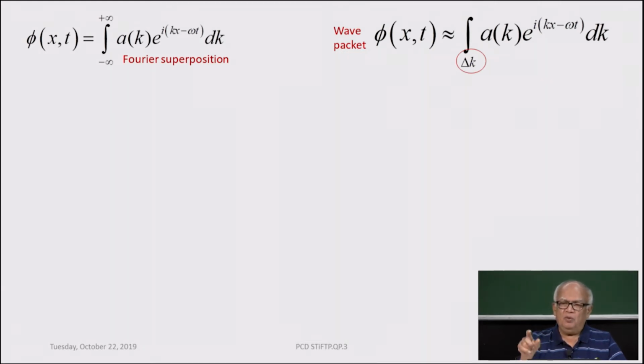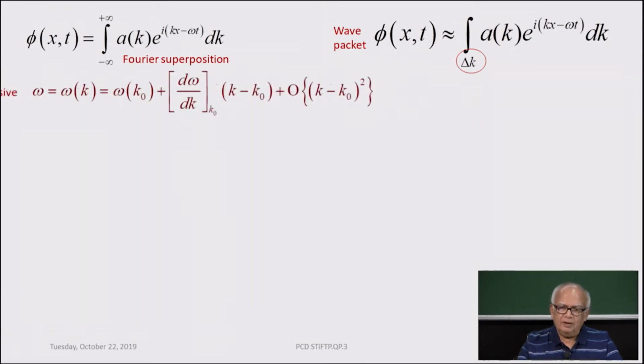But typically you would want to work with wave packets in which there are a few momentum states, spread over a momentum range of delta k in units of h cross; h cross k is the momentum.